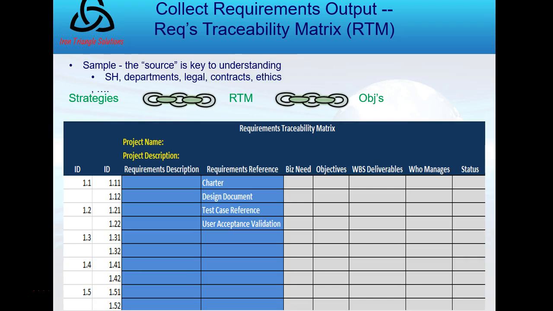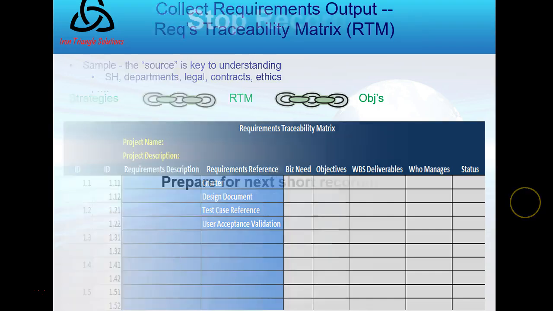And so you can see, as I list the requirements description and then the requirements, I give it a reference. Where did that requirement come from? What drives me to include it in the project? Like the charter. It may be in the charter, so it's going to be a requirement. And can I tie it then back to the business case, which is defining my business need, which is really going to give me the opportunity to defend and support the requirements chosen for this project.